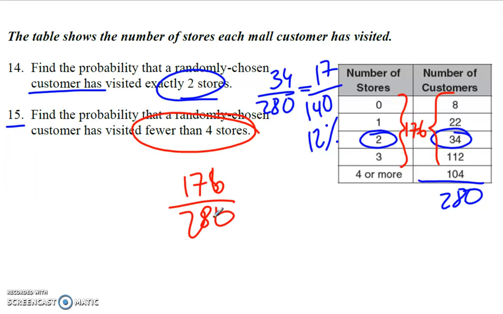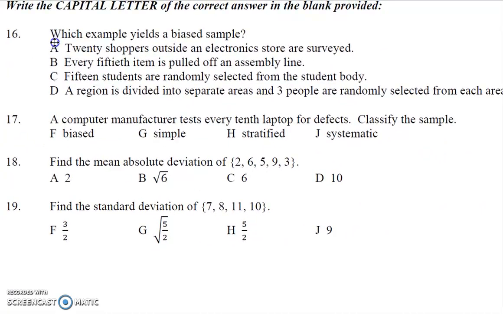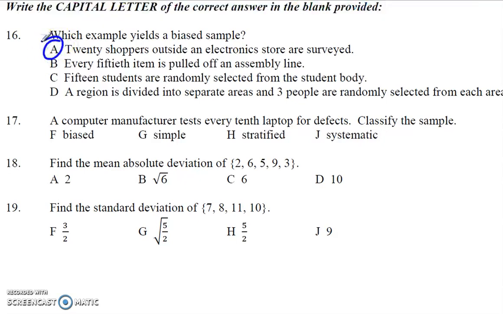And that is, simplify, 22 over 35. And that is approximately 63%. All right, 16, biased. A is biased. That is a convenience sample.